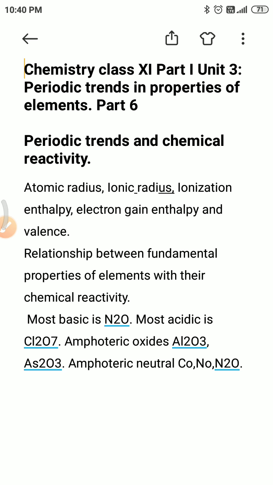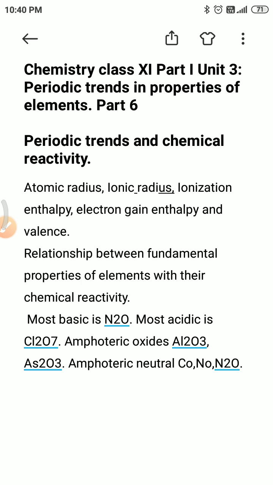The oxides of elements in the center are amphoteric. For example, amphoteric oxides are Al2O3 and As2O3, whereas neutral oxides are carbon monoxide, NO, and N2O.